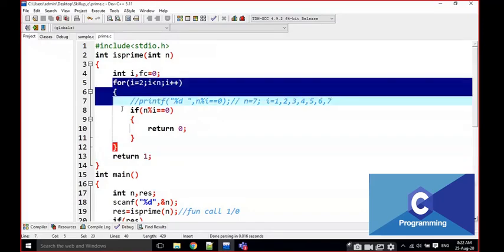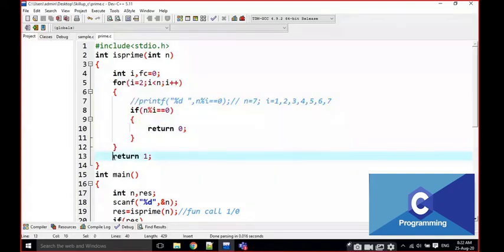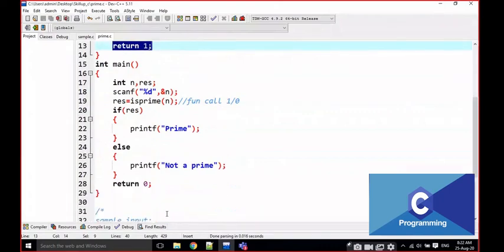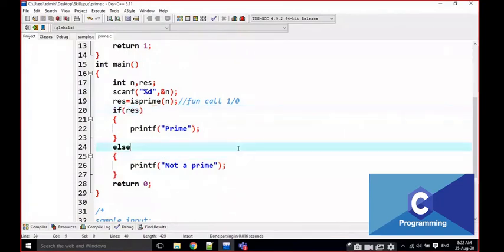That means if the loop is successfully executed, no other number is divisible, so I am going to return 1. That means it is a prime number. Instead of checking with 2 here, I can check with 1. Instead of 1 also I can write like this, no problem.